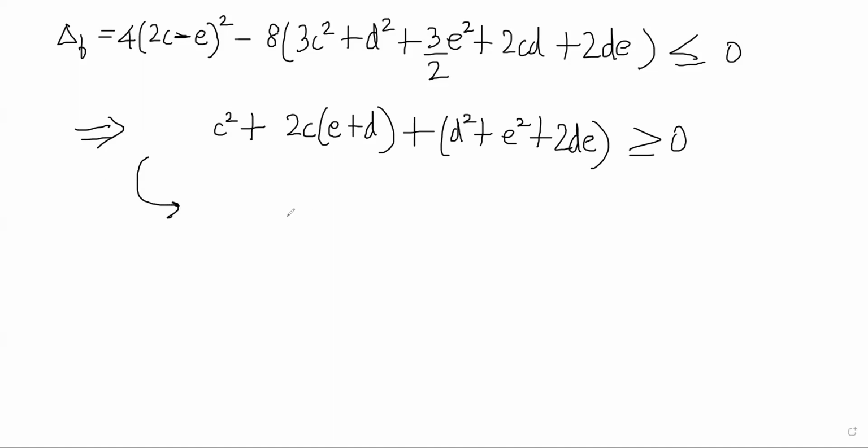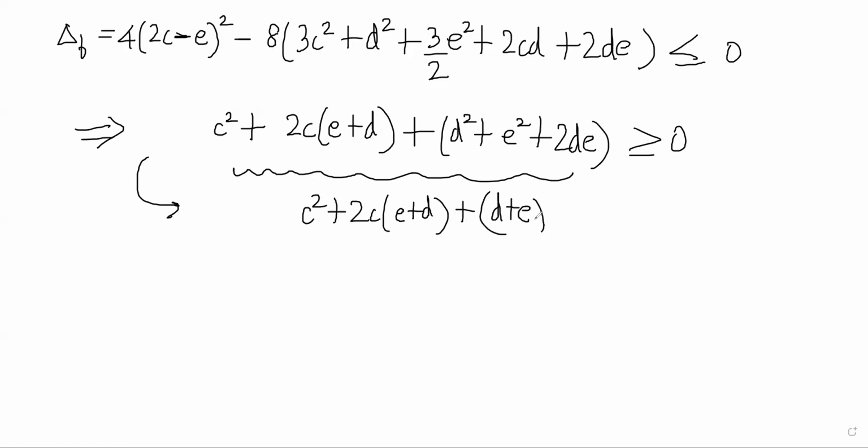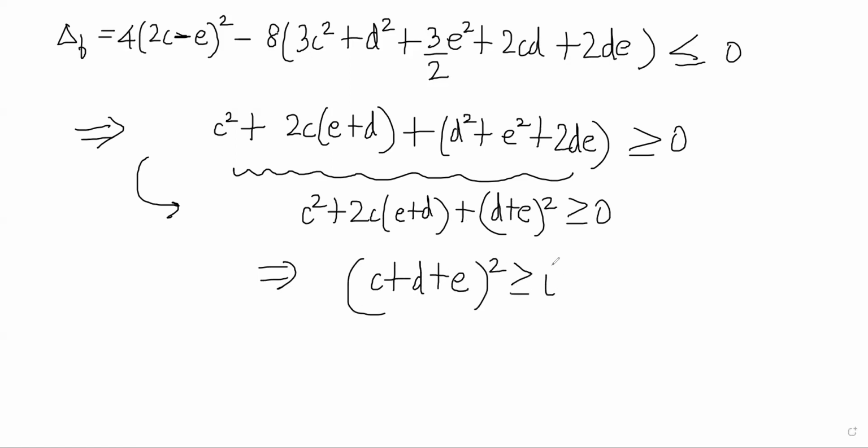And again, following the same process, here you can easily see that this is c square plus 2c(d plus e) plus (d plus e) whole square. So this becomes (c plus d plus e) whole square, which is greater than or equal to 0. So this last inequality is true always.